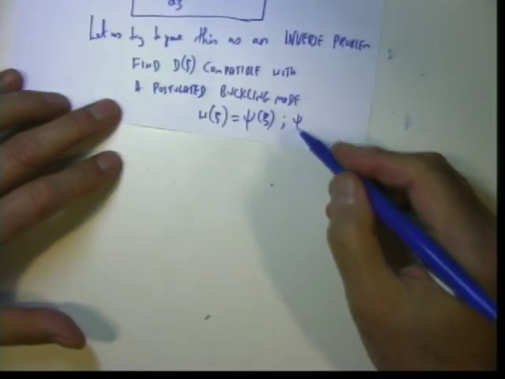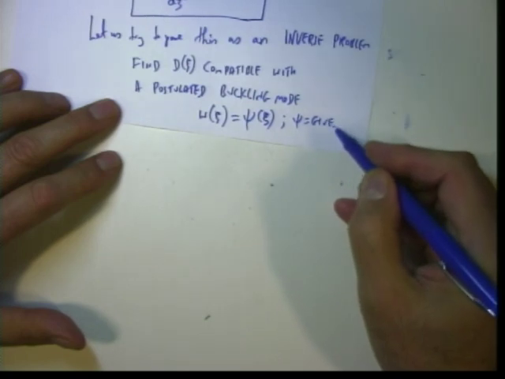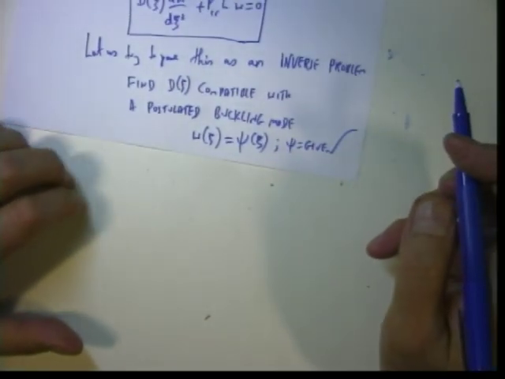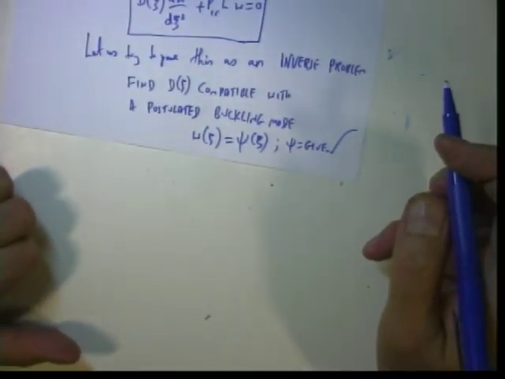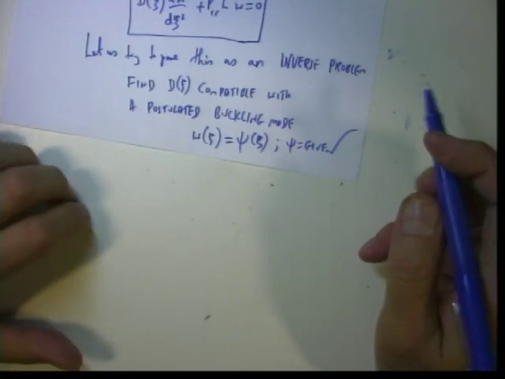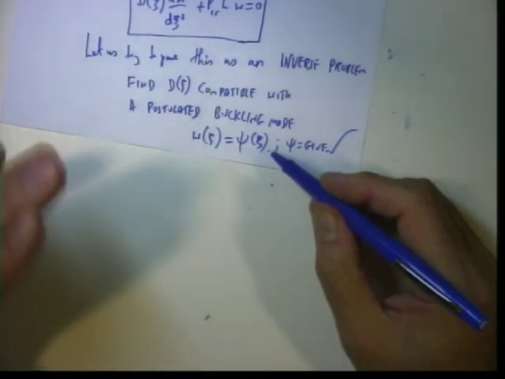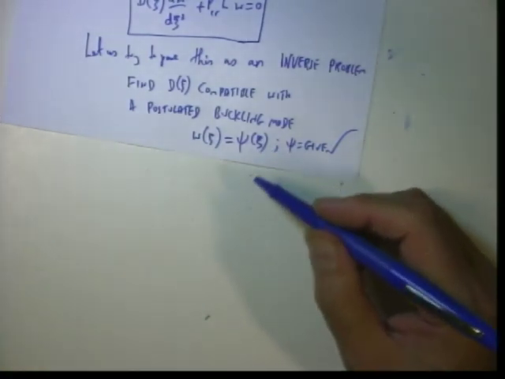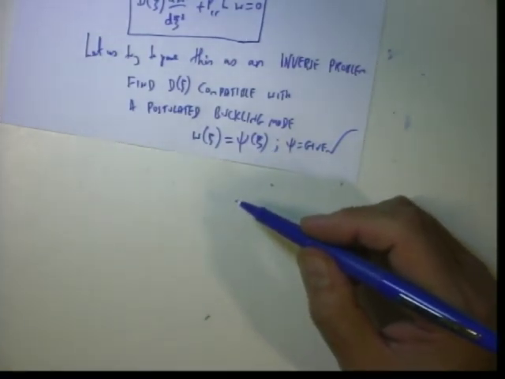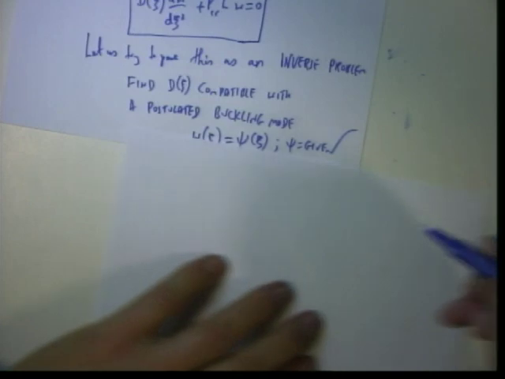Phi is a given function. So what I'm saying is I will give only phi. I will not specify D, and I will not specify buckling load. I will just specify phi. And let us try if we can get the solution.